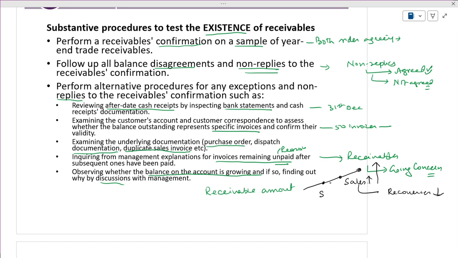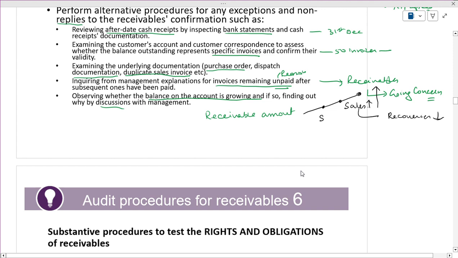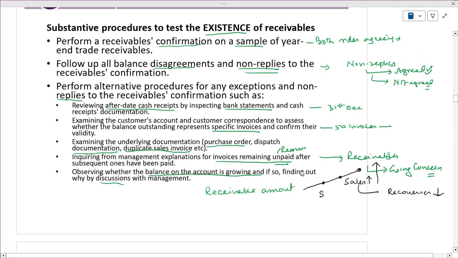Maybe we have done one or two questions related to receivables. These are the things in terms of existence: if you are showing it in the balance sheet, there should be complete evidence that it exists, not only from internal sources but also from external sources.